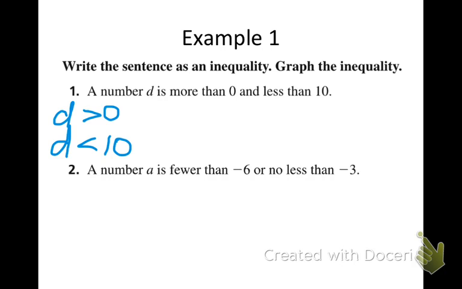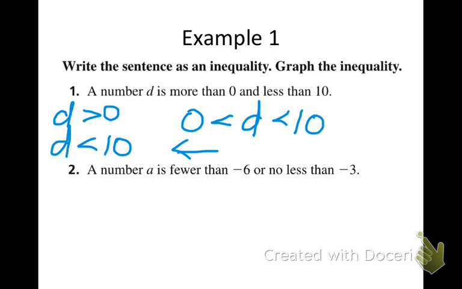Now if you recall, this will show on the graph, and it's going to be an overlap. It's going to be an and compound inequality, and we'll put the letter D in the middle. So start with the least number. Always do smallest to largest. So 0 is less than D, which is less than 10.